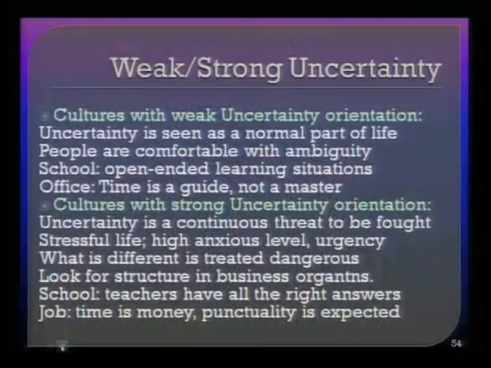In terms of school, the learning situation itself is open ended, and the students are given open ended learning situations. In terms of office, that is the organizational setup, time is a guide, but not a master. So, it is preferable that you follow a schedule, but you will not be crushed by that.